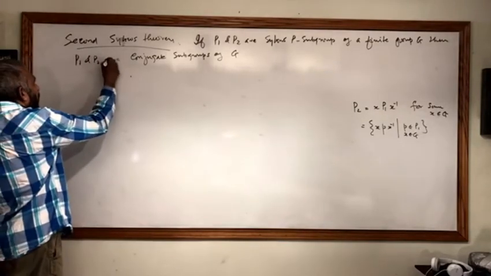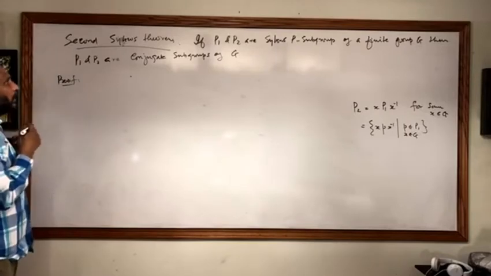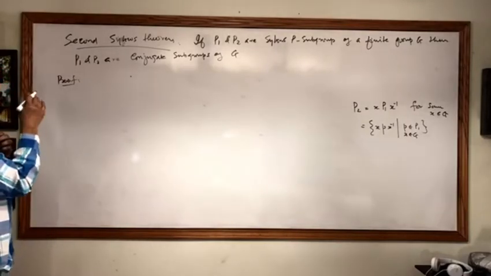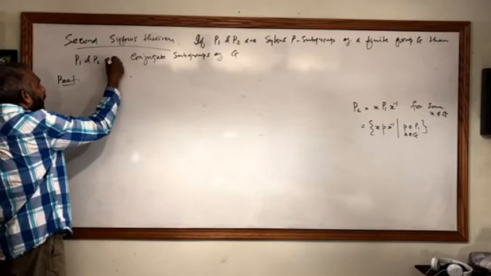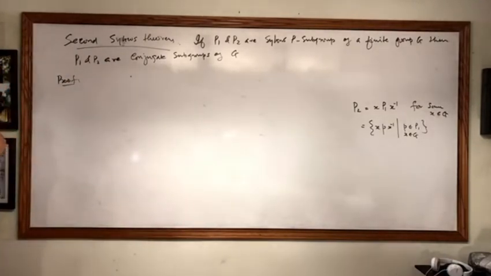Proof is not very complicated. Let us start the proof. The proof goes almost the same type of logic that we have been using.